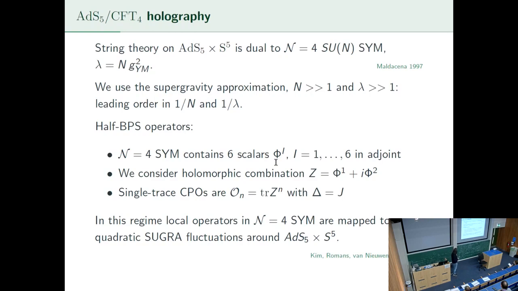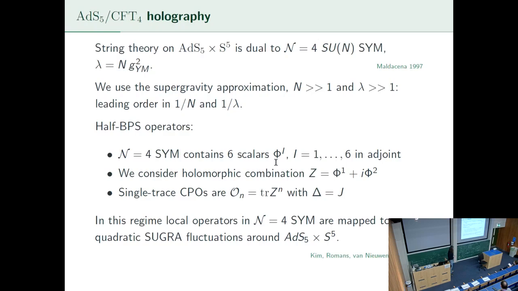And the single-trace chiral primary operators in this theory are simply given by the trace of Z to the power n, where n has to be greater than or equal to 2 because we're working with the gauge group SU(N), not U(N). These chiral primaries have their conformal dimension Delta equal to the particular U(1) R-charge that I'm calling J.